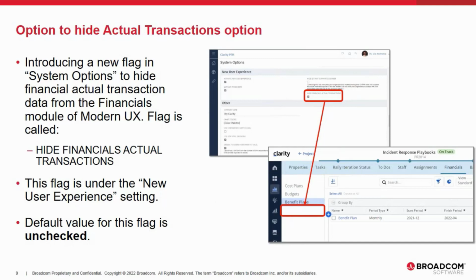The default value for this is going to be unchecked, and when this value is checked, the actual transaction module that is available in the financial module of an investment will automatically be removed. And in this example, when I have this flag checked, I no longer see the actual transactions under my financials.